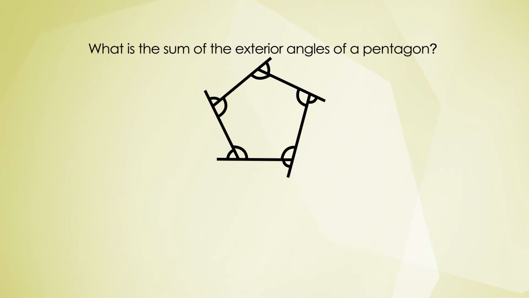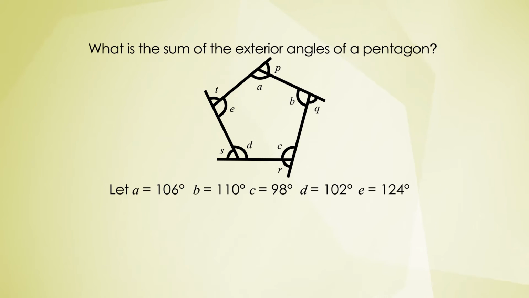The pentagon shown has its interior angles marked with the letters A, B, C, D, and E, and the exterior angles with the letters P, Q, R, S, and T. Knowing that the angles A, B, C, D, E are 106 degrees, 110 degrees, 98 degrees, 102 degrees, and 124 degrees respectively, we can find the sum of the exterior angles of the pentagon.